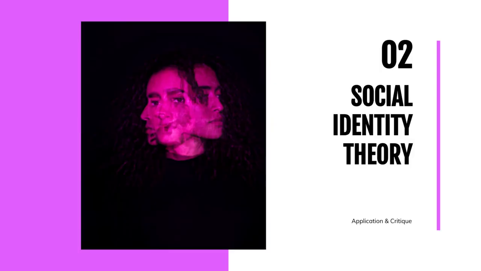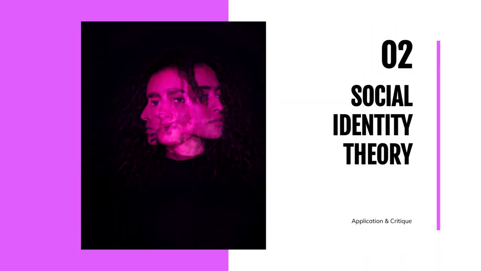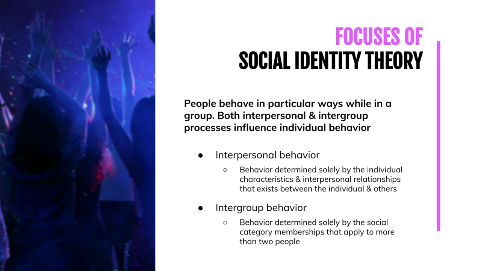So moving on to social identity theory, which again, here identity refers to common identification with a collectivity or particular social category. Although it was developed primarily by psychological social psychologists, social identity theory has always had the potential to engage sociologists' interests.